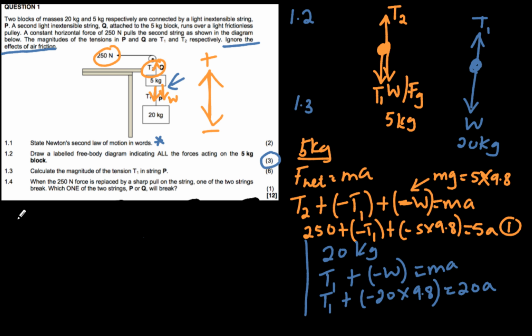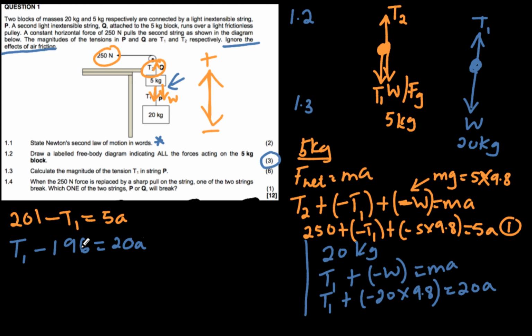Okay, so if we solve for the 5 kg block, we get 201 minus T1 is equal to 5A, which is our equation 1. For the 20 kg block, it's going to be T1 minus 196 is equal to 20A.